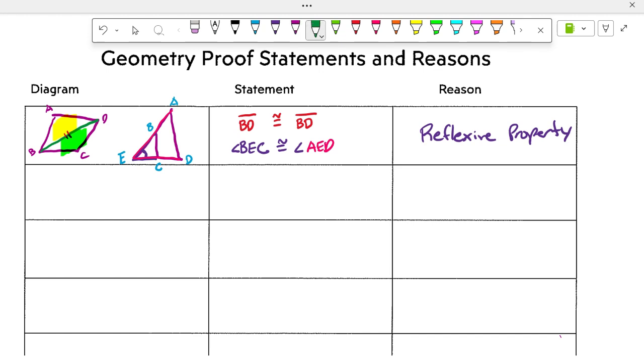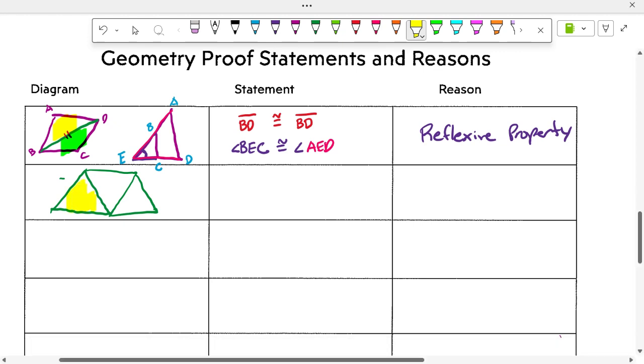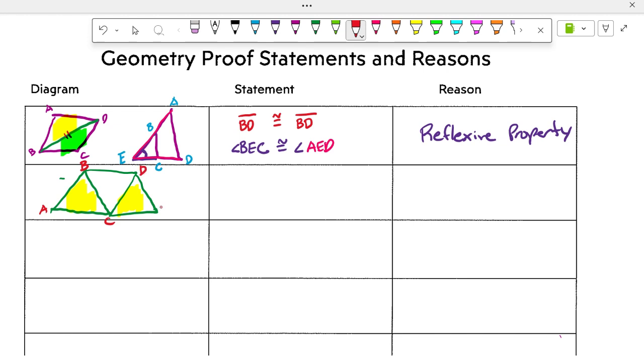So let's say that I have like two triangles. I know that's three triangles, but let's just say I'm looking at these two triangles. So I'm going to call this A, B, C, D, E.